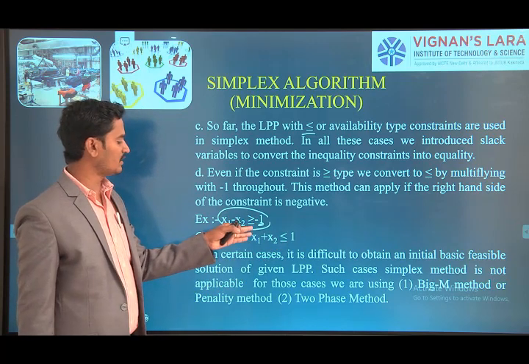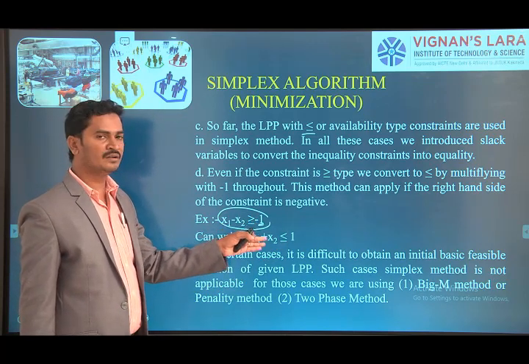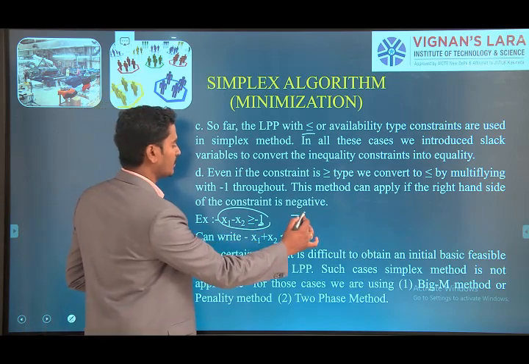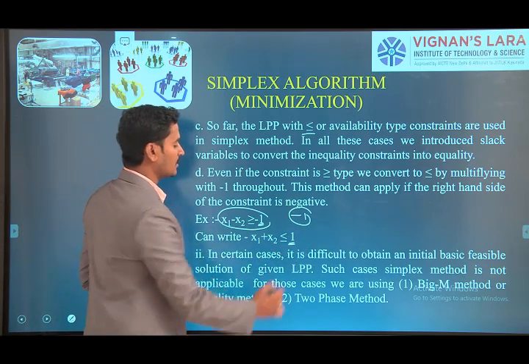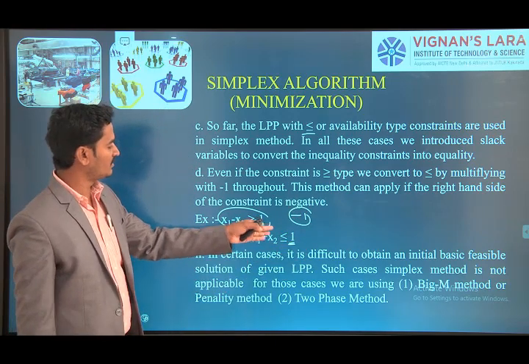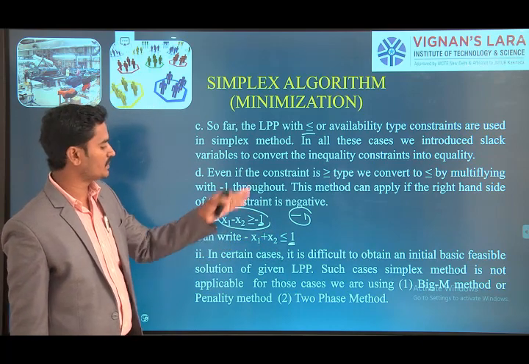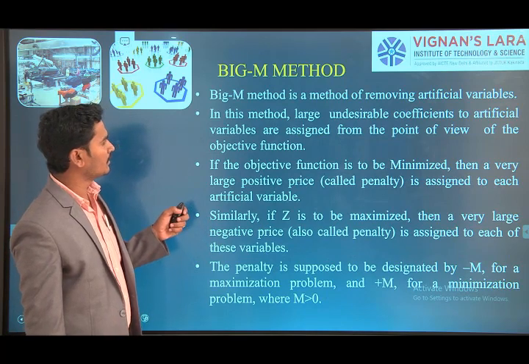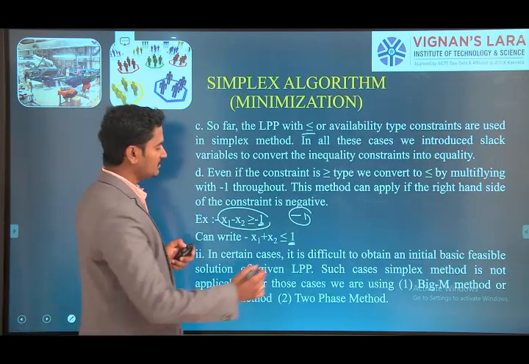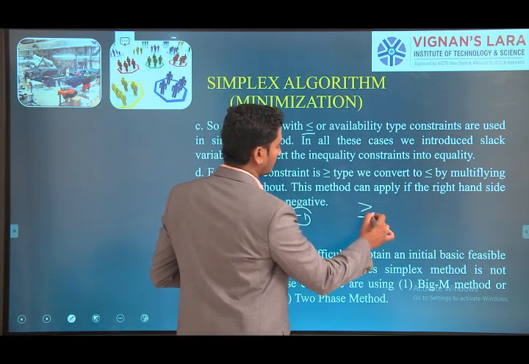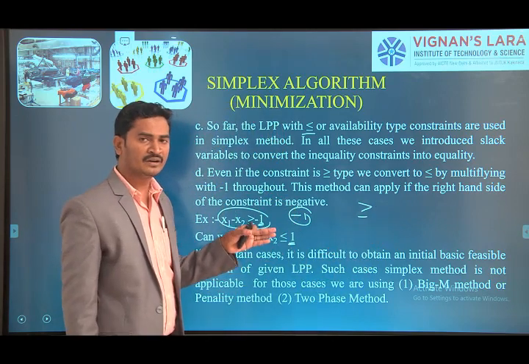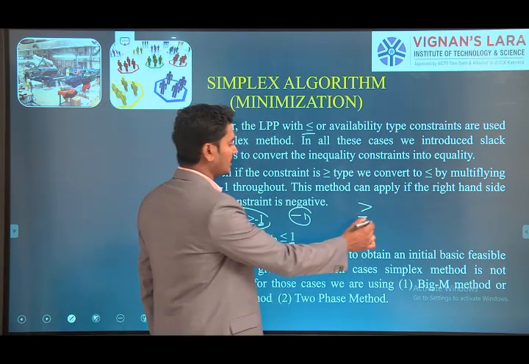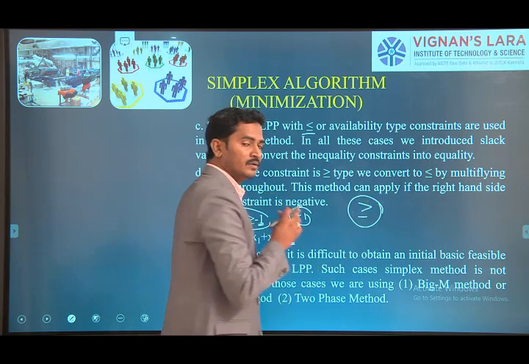In this case also we convert the greater than into less than or equal to type by multiplying by minus 1, so the right hand side negative becomes positive. This type of case is possible with the simplex method. Next, if the constraint is greater than or equal to type, there is no possibility to convert it into equality type. For those cases, simplex is not suitable.